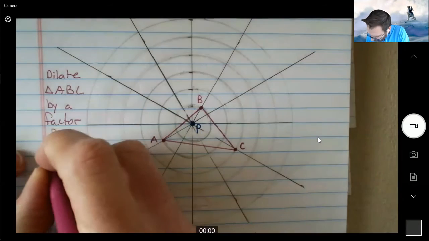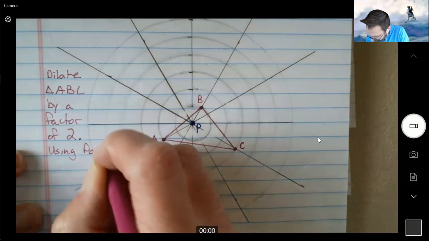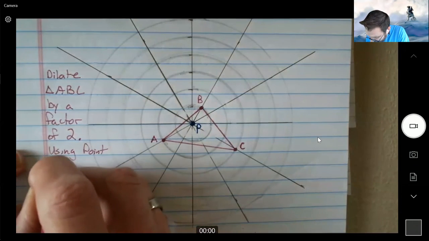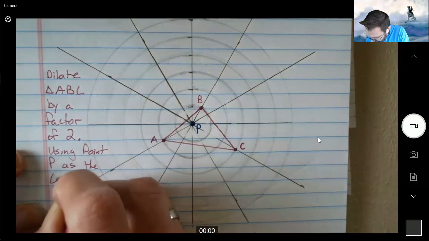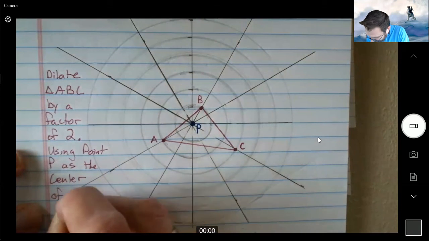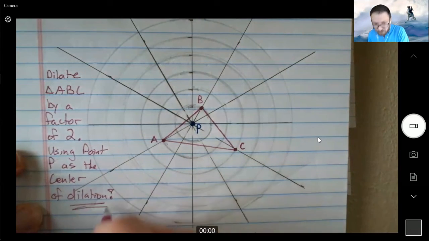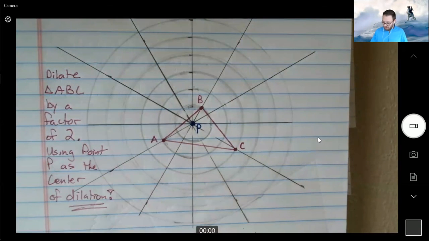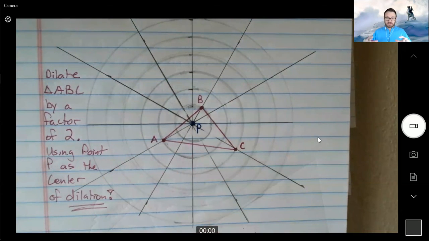All right, that's a key note there. Point P is the center of dilation, and we're going to scale this, or dilate it, by a factor of 2. I want you to go ahead and work on this and then bring it to rotation tomorrow.